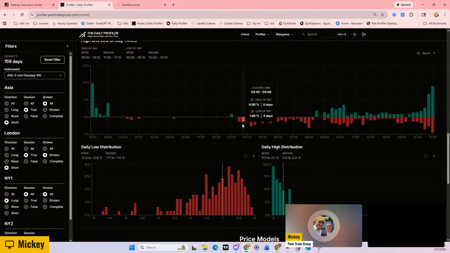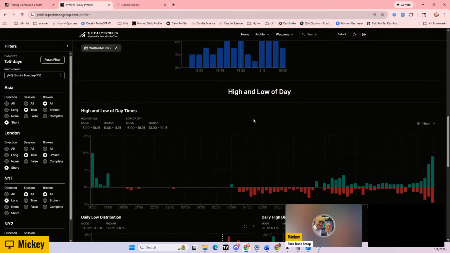As you can see right here, between 4:30, so that's 3, 6, about 20% sits between 4 and 6, right? So there is data there, but it's not the dominant data. Your mode to median for low of the day is happening in RTH.